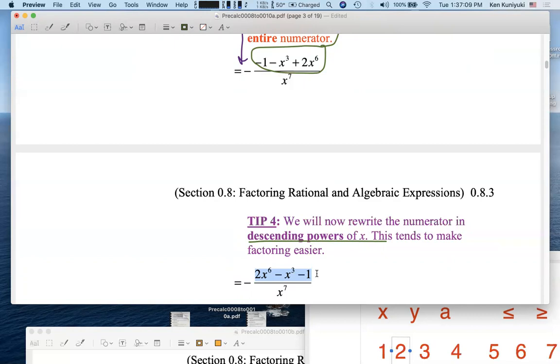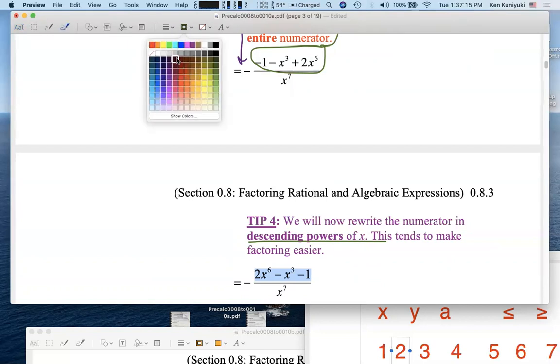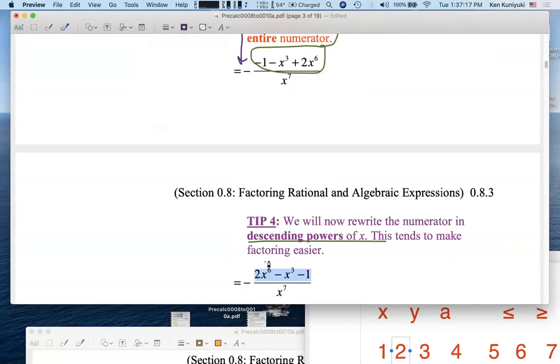It is in quadratic form, because remember, the exponent up here, the 6, is twice the exponent up here, the 3. Right? And we have a constant term up here. So it turns out we can factor this thing as a QD in u, where u is x to the 3rd. Again, that substitution is optional.